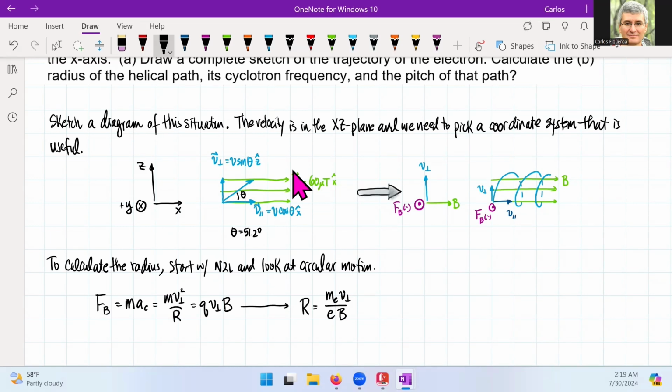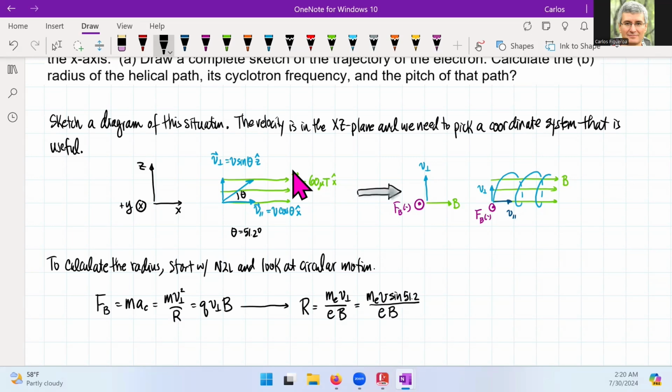But let's put in all the details first. Now note that v perpendicular is associated with the sine. So this should really be m_e times the velocity times the sine of 51.2 degrees divided by the charge and the magnetic field.